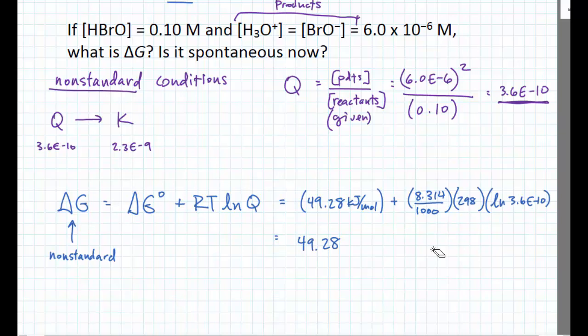Yep. Okay. So what's going to happen to the sign of delta G under these non-standard conditions? It's going to be negative, right? It's going to be minus 4.59 or something like that.